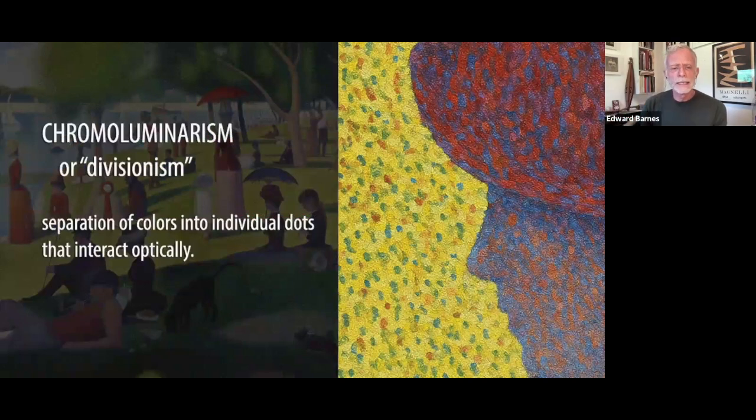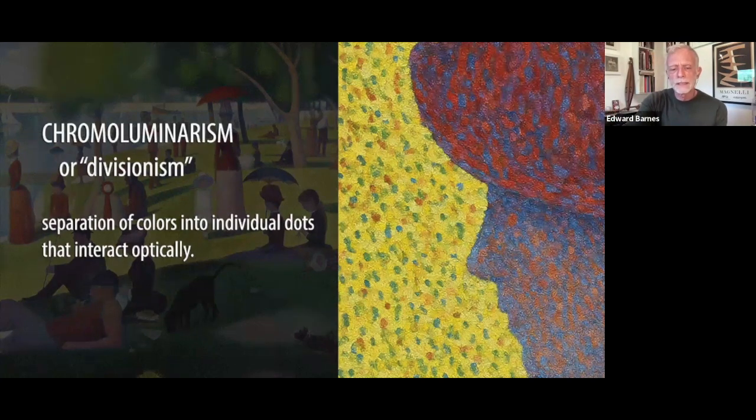The first thing is chromoluminarism, and that also is called in art divisionism. So you're dividing colors, you're separating the colors into individual dots. And then the overall effect is that they interact with our eye optically to see one sort of thing.